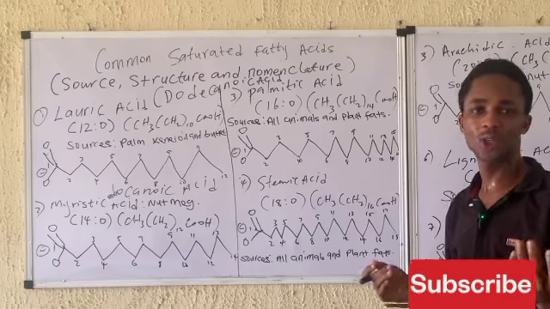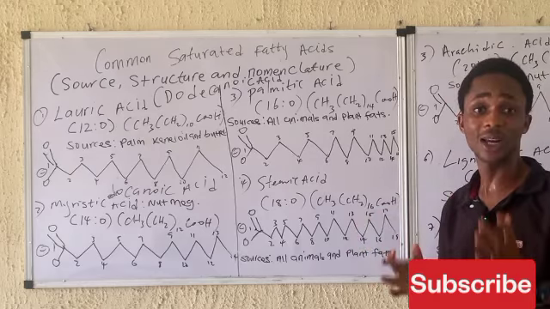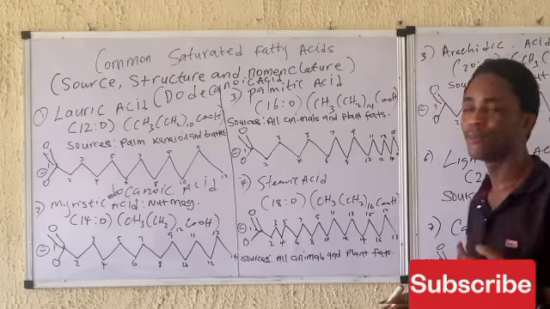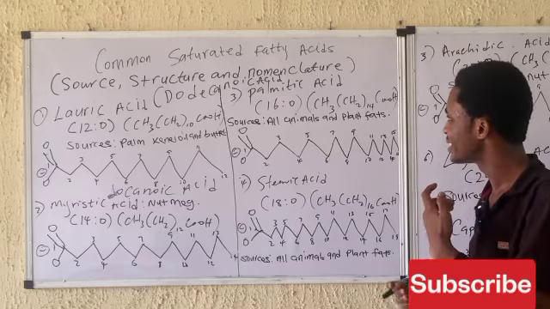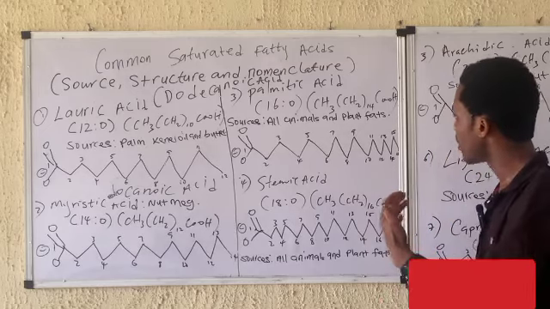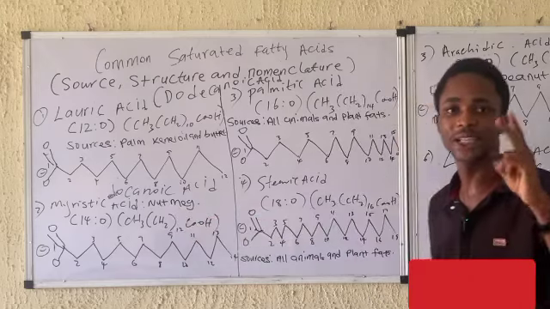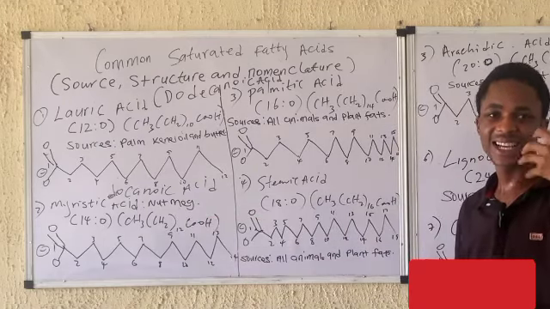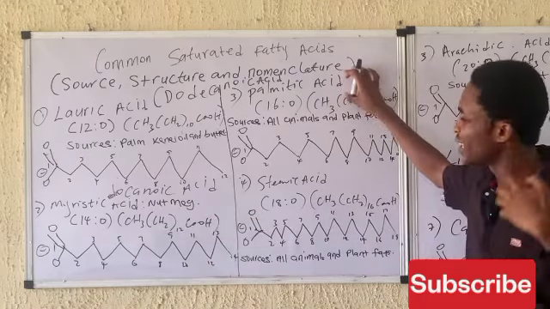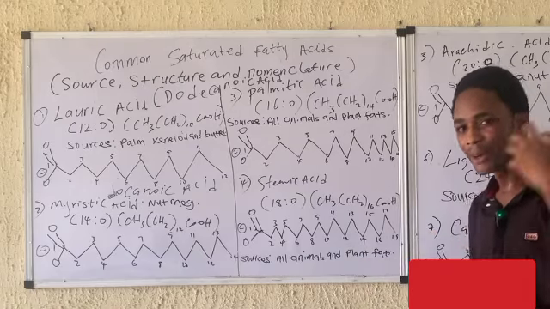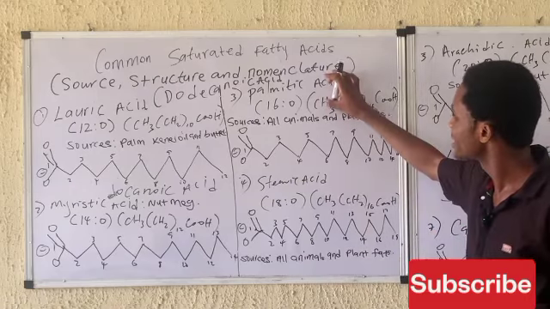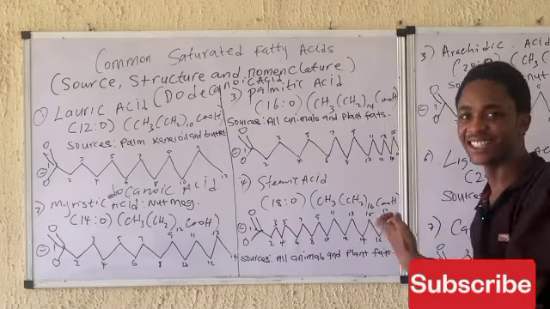Now, they can ask you in an exam or anywhere, maybe in your classroom, what is the other name of palmitic acid? Mind you, I told you that myristic acid, which contains 14 carbon atoms, is called tetradecane. Now, 15 will be pentadecane, while 16 will be hexadecane.